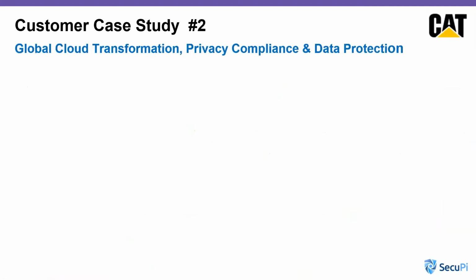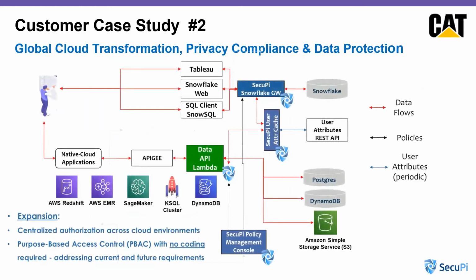Another one, again, a large global manufacturer. They were looking to have a major cloud transformation corporate strategy. Their long-term goal for IT is to move to the cloud. Okay. But they realized in order to do that, it was going to mean switching from a whole bunch of on-premise platforms to a whole bunch of cloud provided platforms.